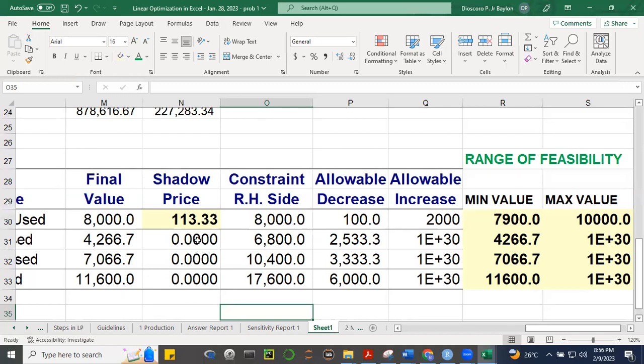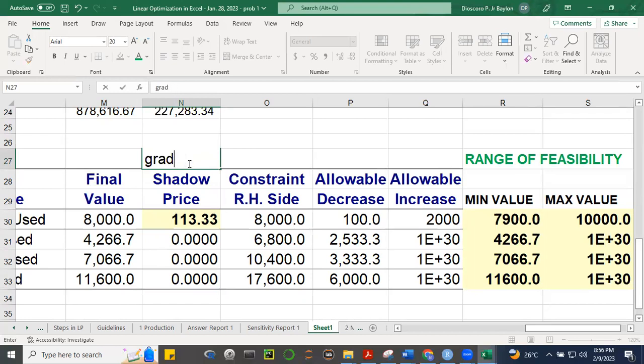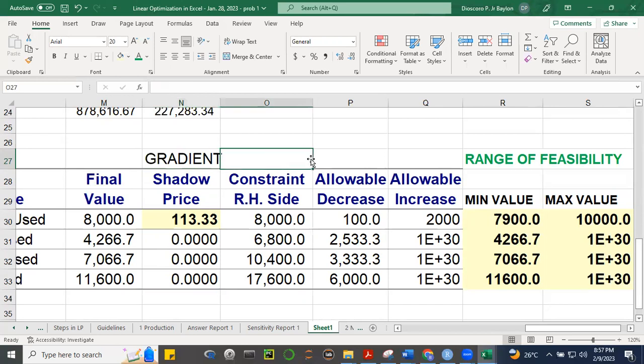Sorry, I stand corrected. Ang shadow price, class, it's like a gradient, no? Gradient. In other words, loosely speaking, it's like a slope. It's the change in a particular variable based on a given change in a particular variable, no?